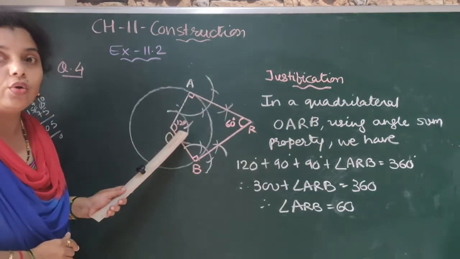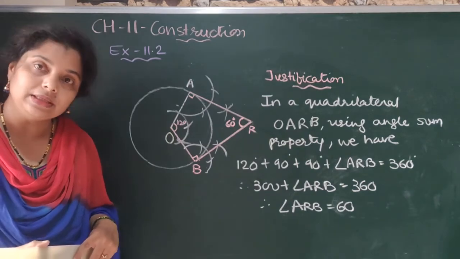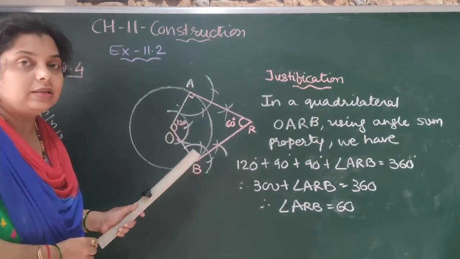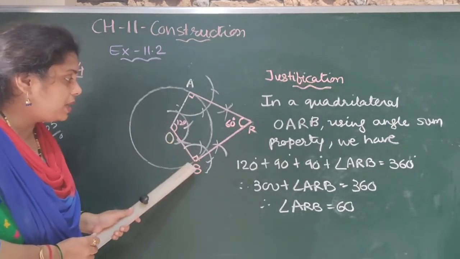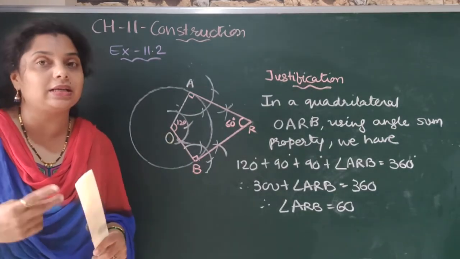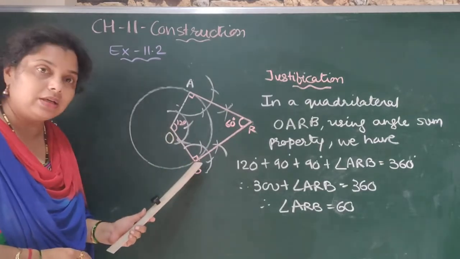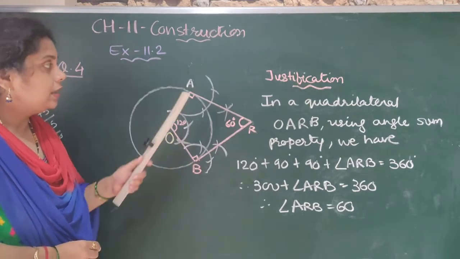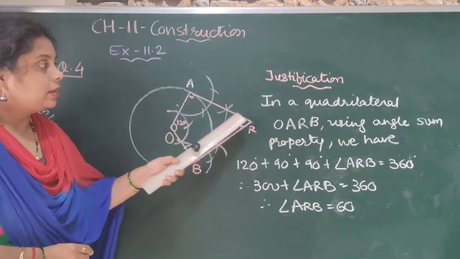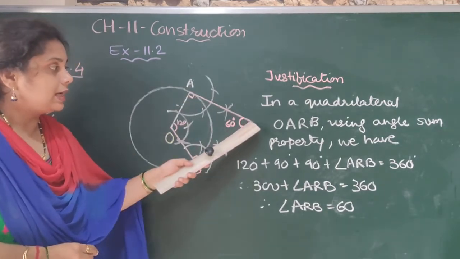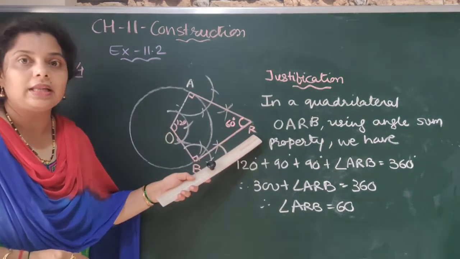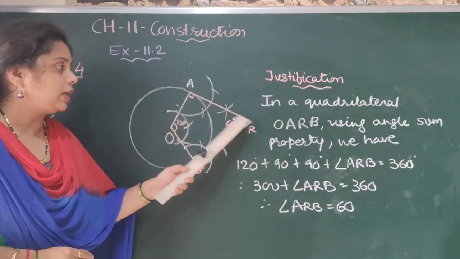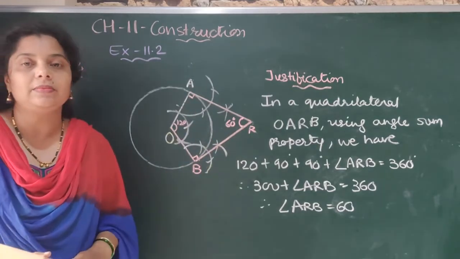Create angle O equal to 120 degrees. OB is the second radius. At B, create an angle of 90 degrees. Now join the tangents together and give a point R here. Now like this we got ARB as 60 degrees.